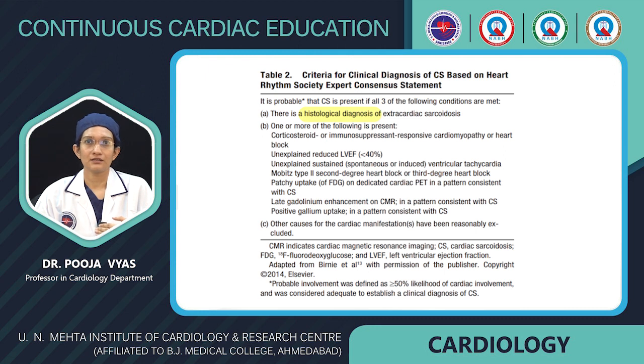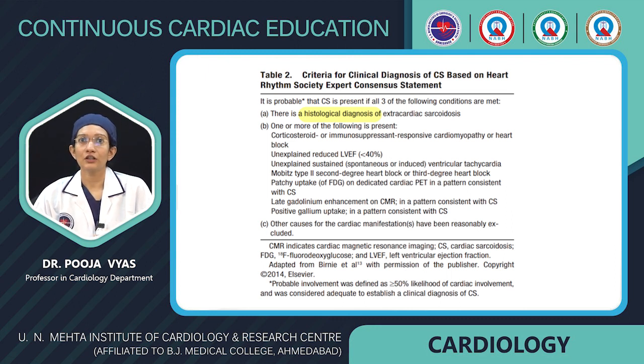There are certain criteria for clinical diagnosis of cardiac sarcoidosis, which are given by the Heart Rhythm Society. If all three of the following conditions are met, then it is considered that the patient has cardiac sarcoidosis. The first condition is that there is histological evidence of extracardiac sarcoidosis.